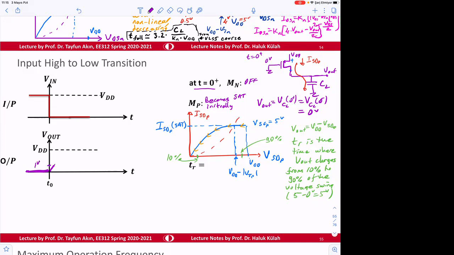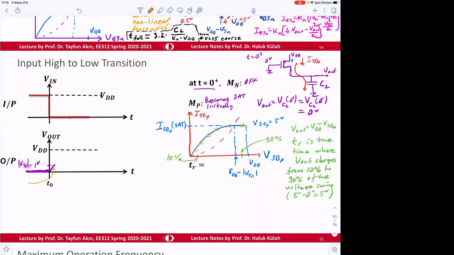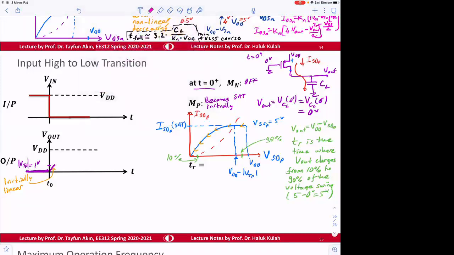Until 1 volt, which is VTP, linear initially. But then after that, it will be decreasing like this.